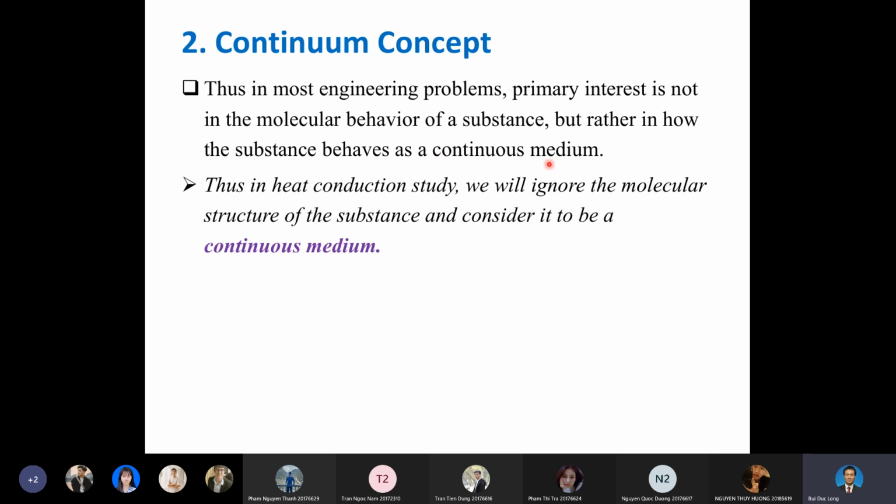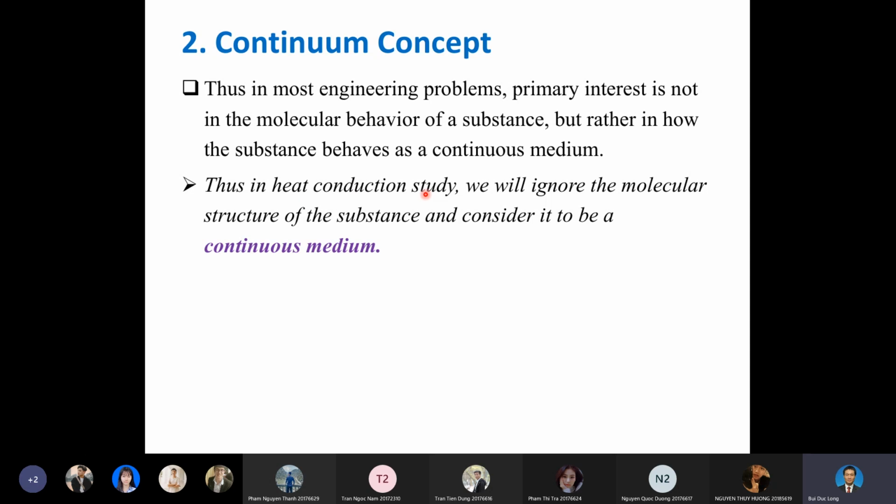For example, a steel bar is considered one continuous, homogeneous medium. As engineers, we do not consider the molecular or atomic level, so we just consider our object as a continuous medium. When we talk about the object, it means a continuous medium. We don't consider the small scale.